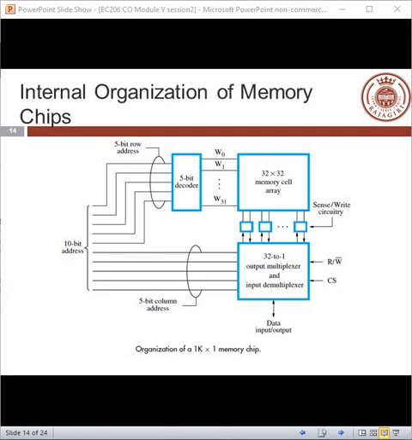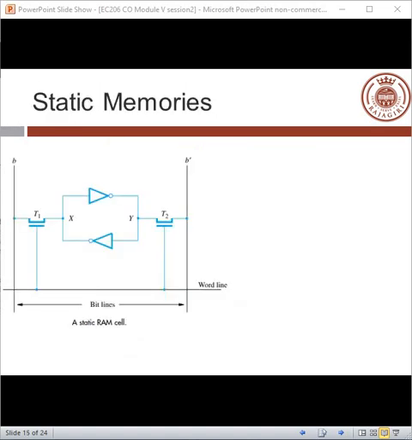So we have said that we will have a basic 1-bit storage element. Now we will see what that 1-bit storage element is. That 1-bit storage element can be either static memory or dynamic memory. First we will see static memory. This is static memory.